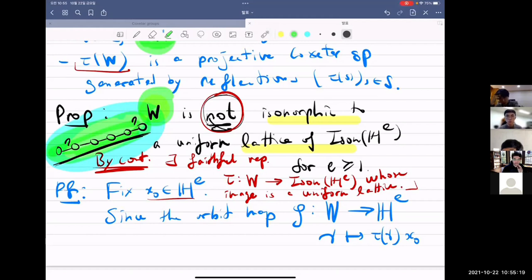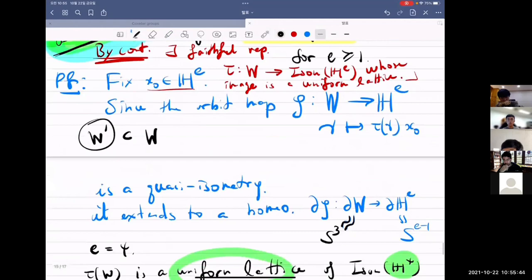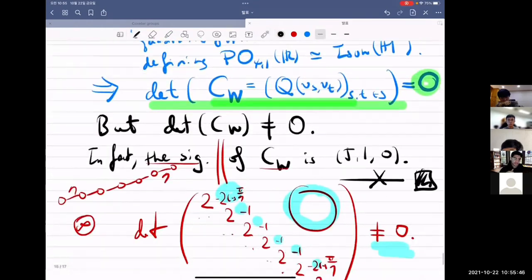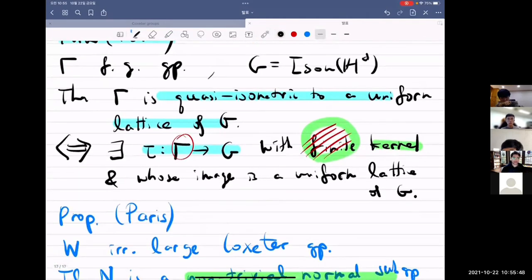Maybe I should write W contains the torsion-free subgroup W prime. But I want to say that W prime is not isomorphic to a uniform lattice of the isometry group of hyperbolic space, because of this combination of Tukia and Paris.